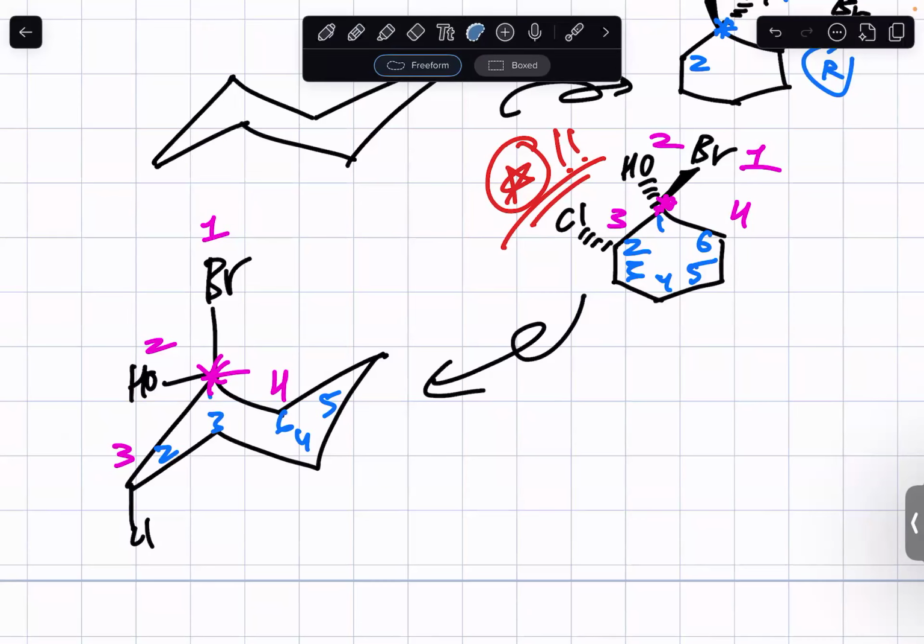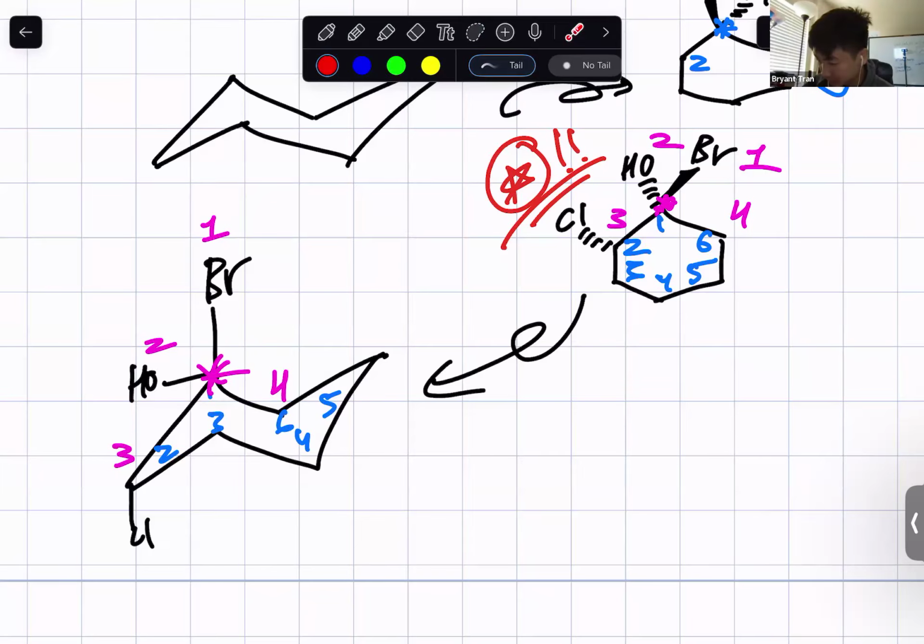He considered the bond right between carbon one and two as going outside.